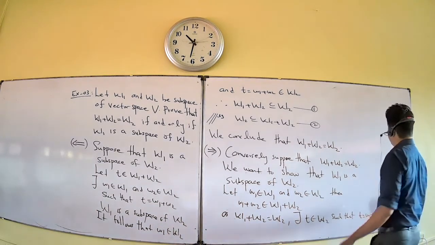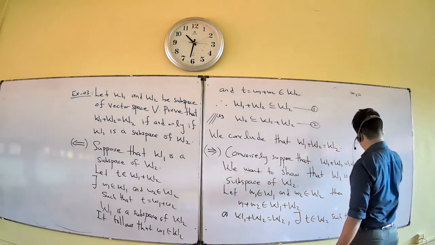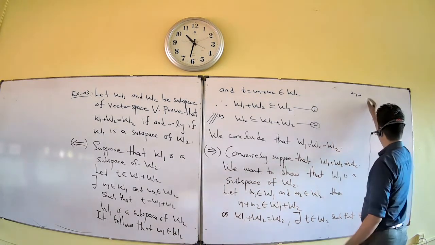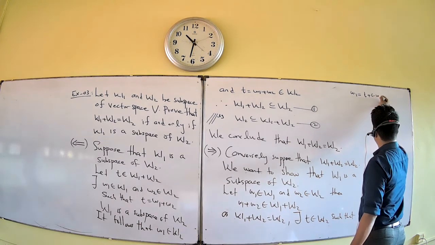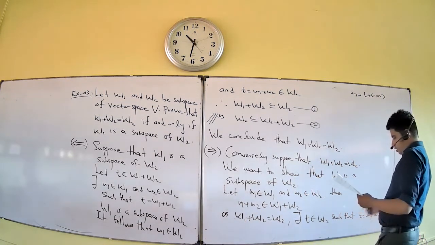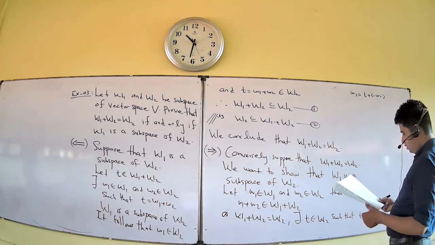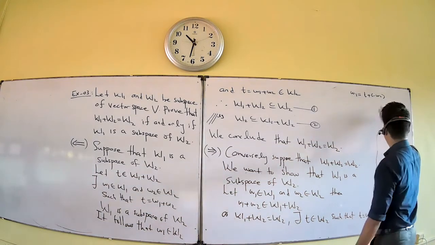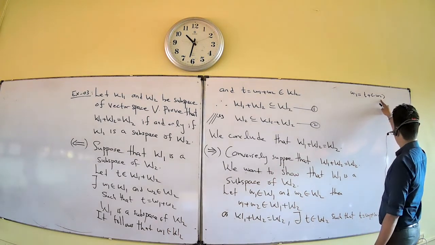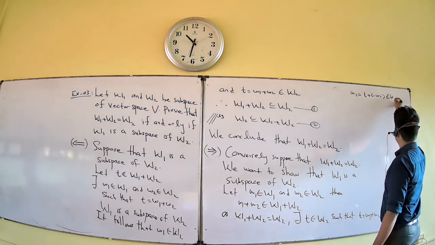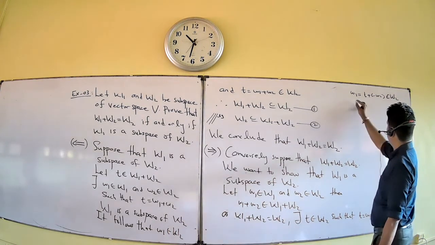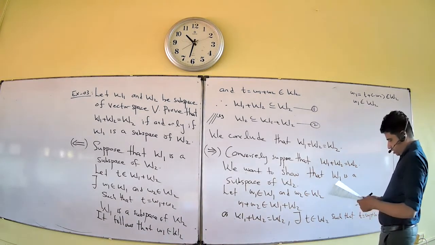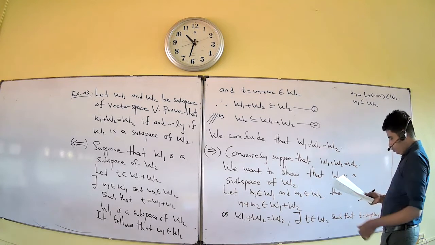From this, we write w1 equals t plus minus w2. Here t belongs to W2 and minus w2 also belongs to W2. Therefore, this belongs to W2. So w1 belongs to W2.